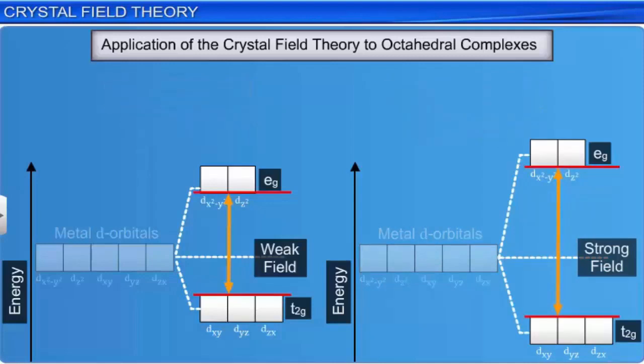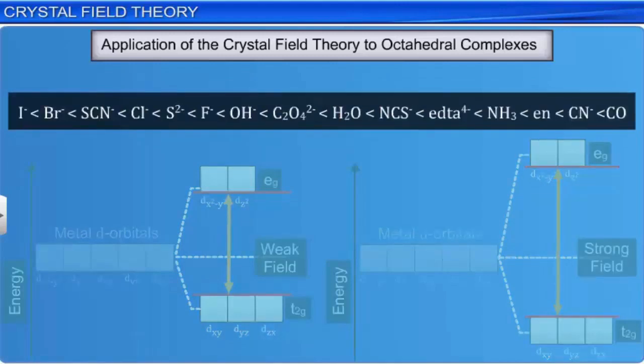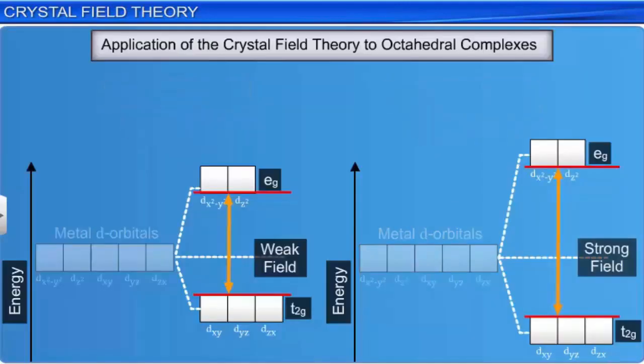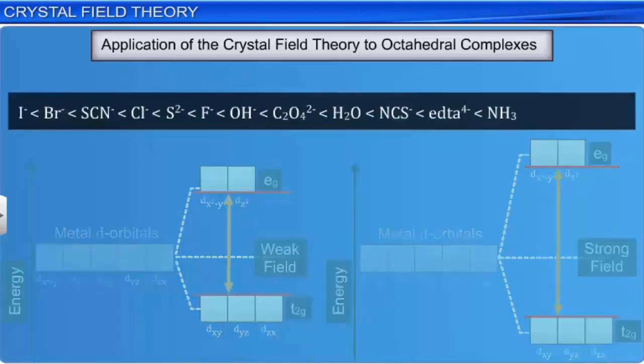According to the field strength, the ligands are arranged in increasing order. The order is iodide, which has low field strength, then bromide, thiocyanide, chloride, sulfide, fluoride, hydroxide, oxalate, water, isothiocyanide, EDTA, amine, ethane 1,2-diamine, cyanide, and carbonyl.